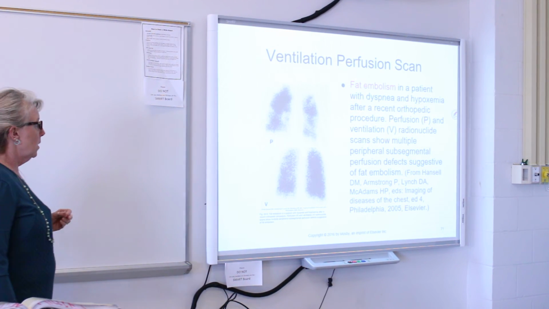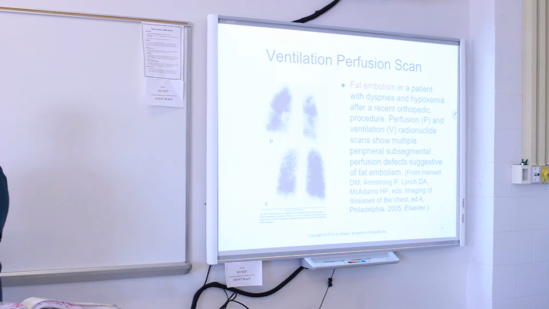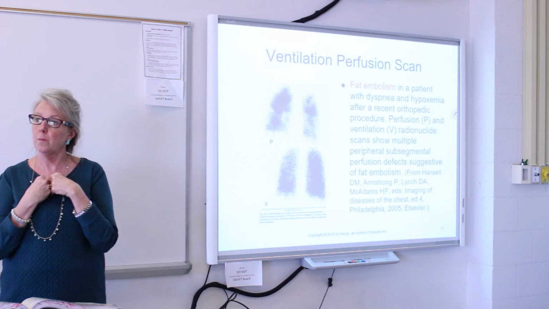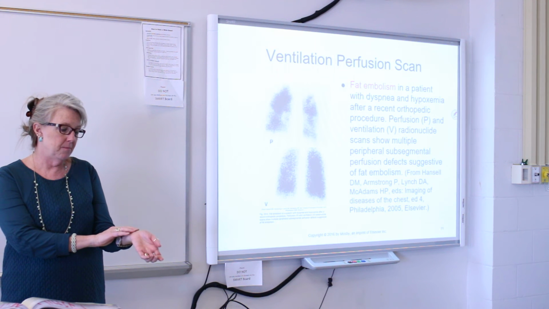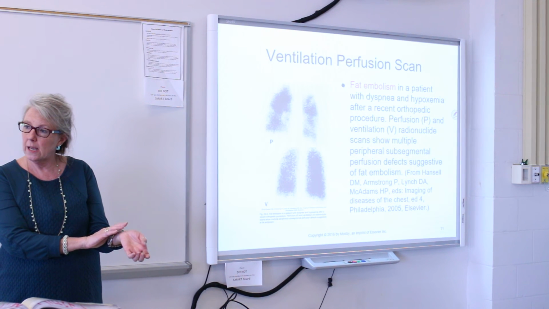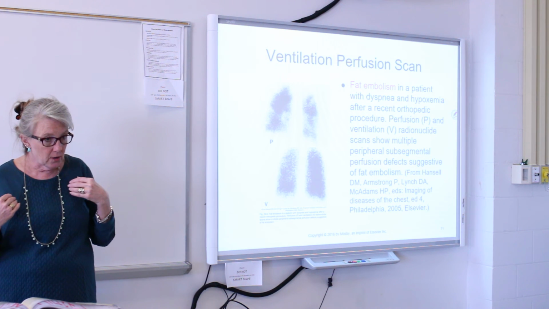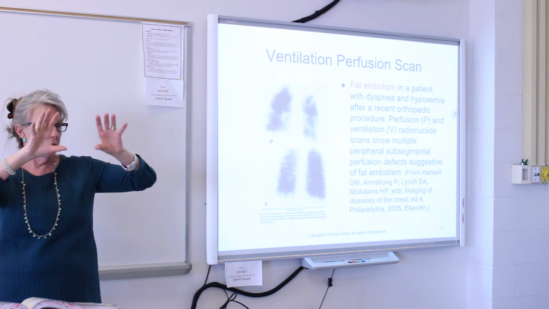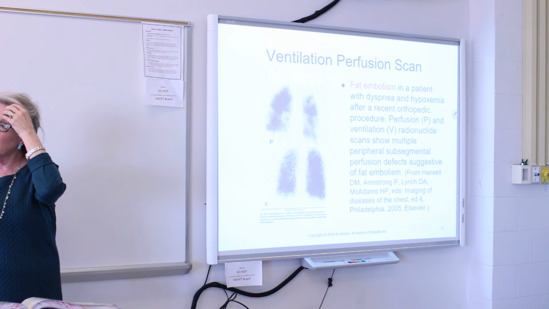So basically what happens with a ventilation perfusion scan is the patient breathes in some xenon gas, and then scintiphotos are taken. This is done in nuclear med. And then the patient has a dye or a radioisotope injected, and then scintiphotos are taken so we can visualize the ventilation on one, and the perfusion on the other.